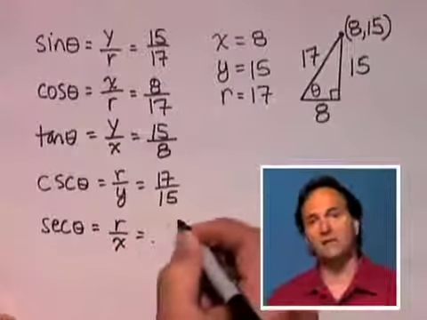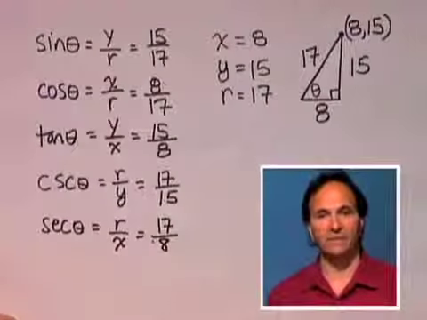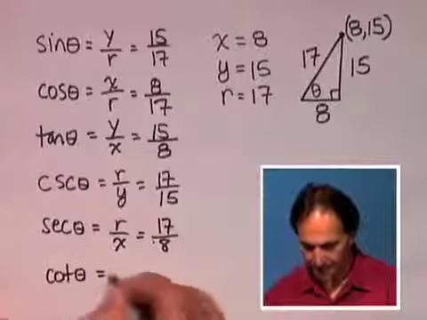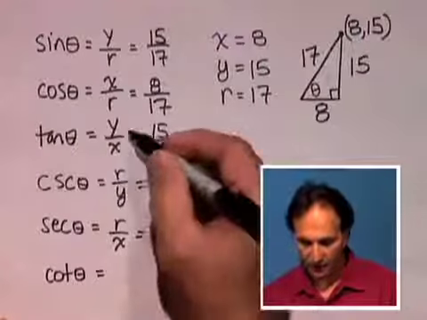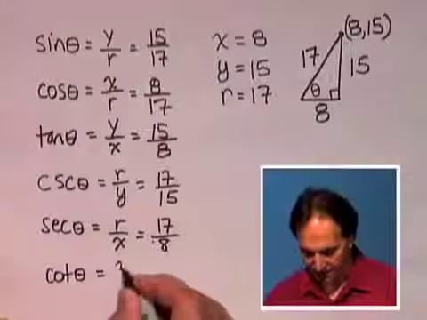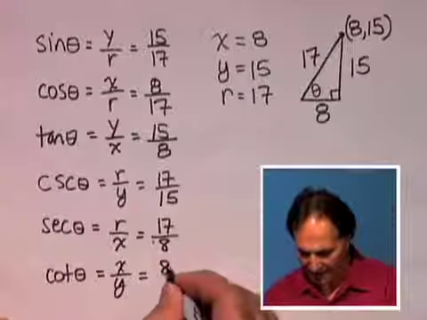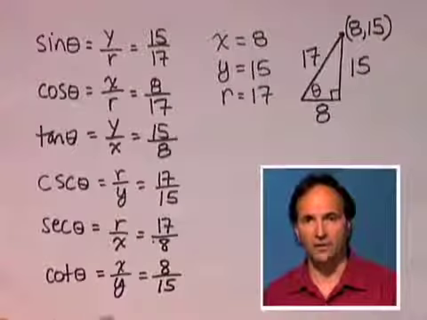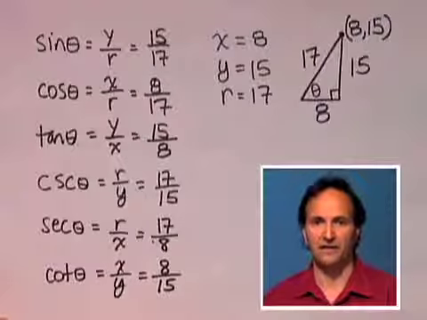And so that would be equal to 17 over 8. And then for cotangent theta, that's equal to, again, the reciprocal of tan theta, which would give us x over y. And so that is equal to 8 over 15.